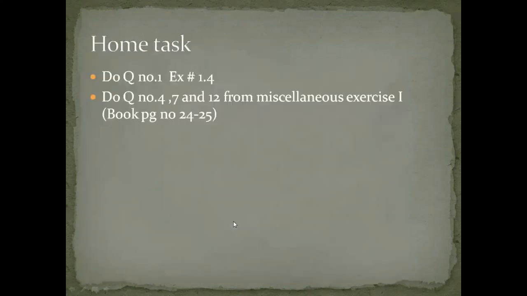Now note down today's home task. Question number 1 of exercise 1.4. And second, do question numbers 4, 7 and 12 from miscellaneous exercise 1 from the book, pages 24 and 25.